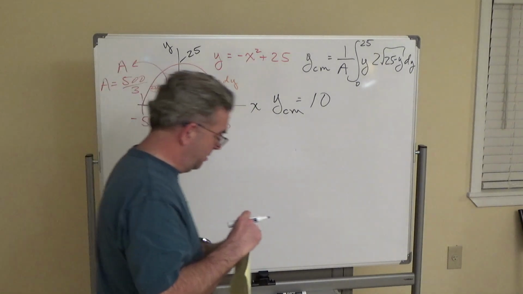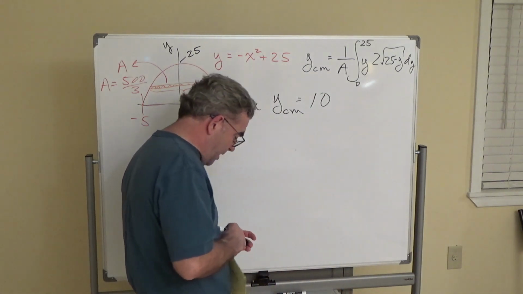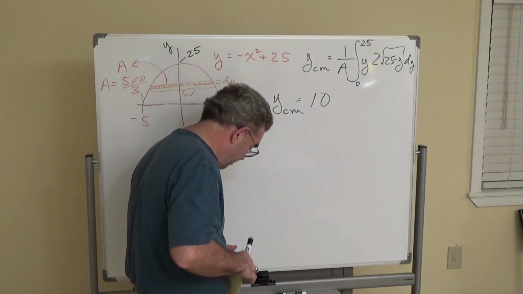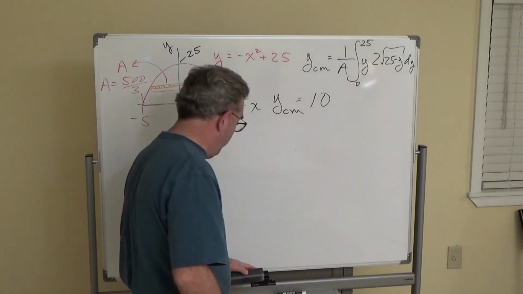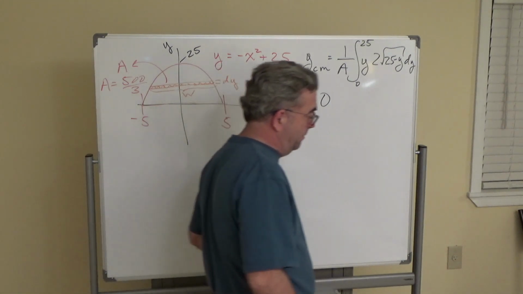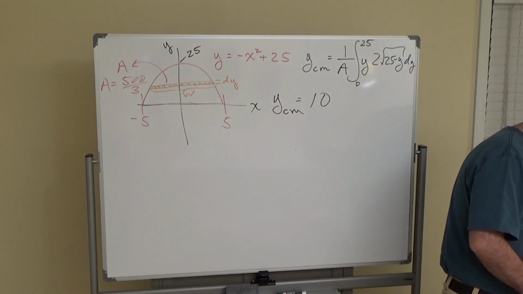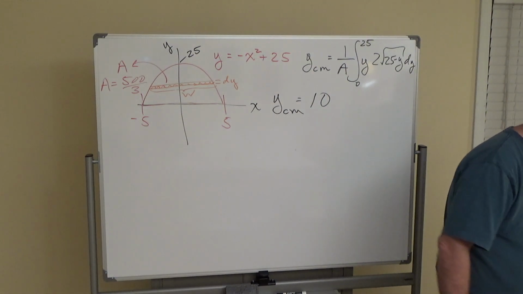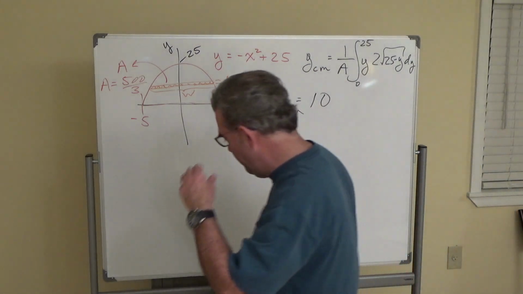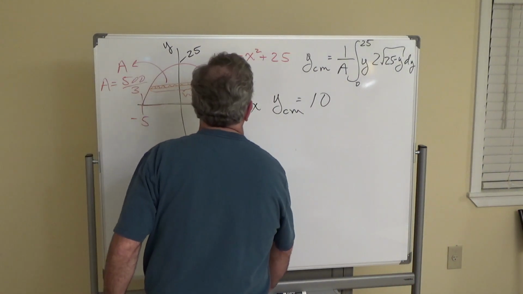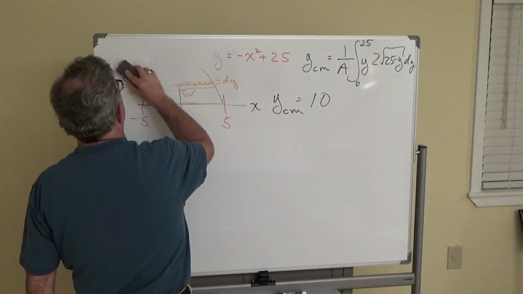So that is the way that you would do a continuous object. Instead of point particles, you break it up into little bits of dm. And if you want, I'll just generalize this.